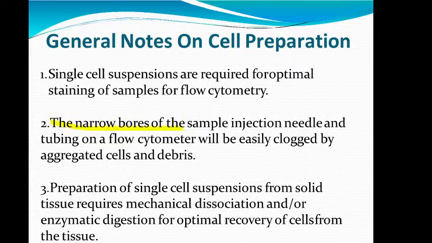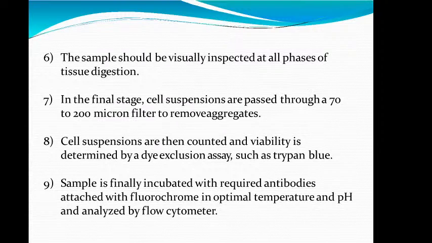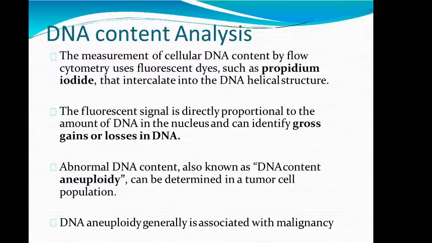The narrow bores of the sample injection needle and tubing on a flow cytometer will easily be clogged by aggregated cells and debris. Preparation of a single cell suspension from solid tissue requires mechanical dissociation and/or enzymatic digestion for optimal recovery of cells from the tissue. This is how the processing of solid tissue works, how we get cells from the tissue; you will go through it on your own.